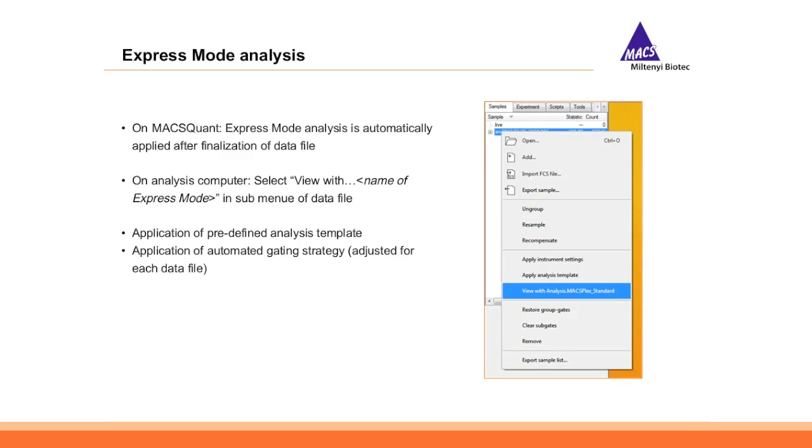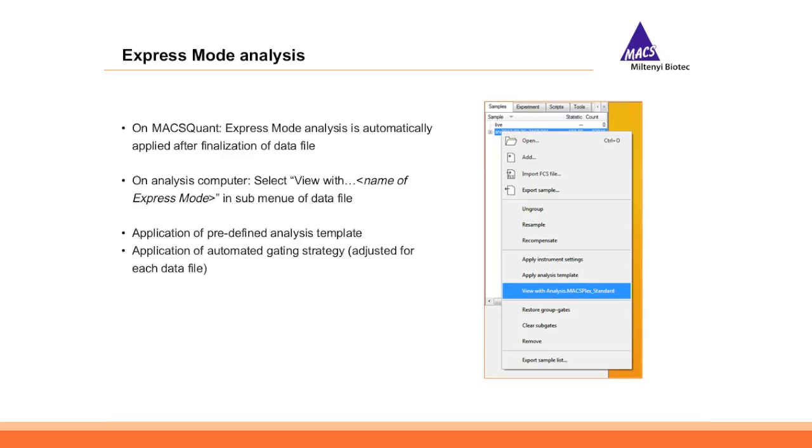I've shown you in the software that, for example, the positions of the MACSPlex standard data are grouped. And I said that all of the 7 positions are saved within one data file. And that means after the last position, the data file is finalized, and also after the last position of these 7 ones, also the analysis is automatically applied.